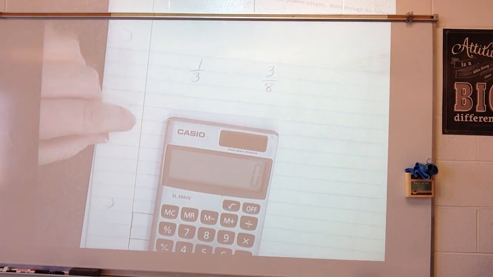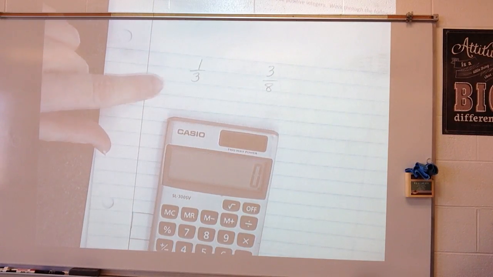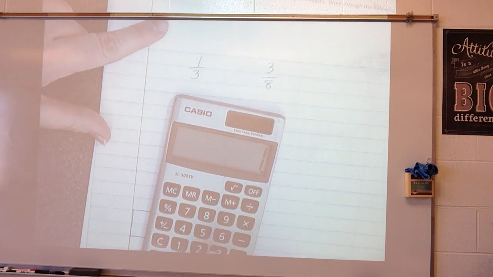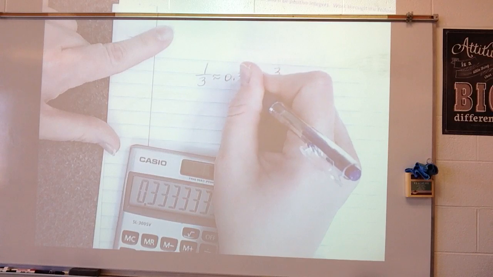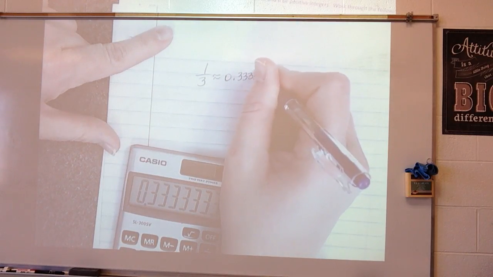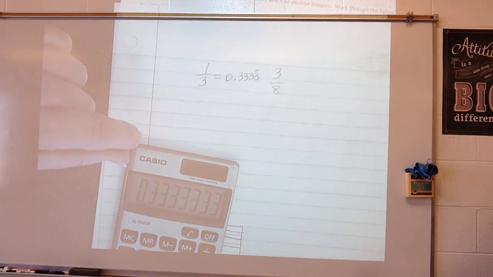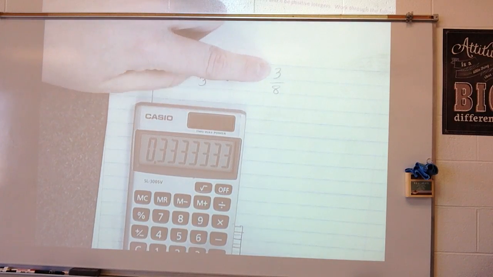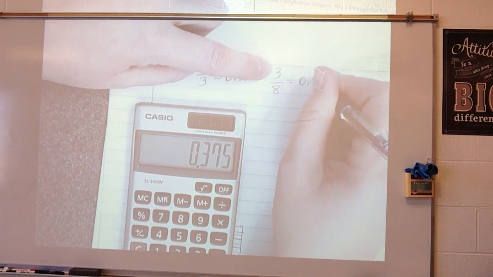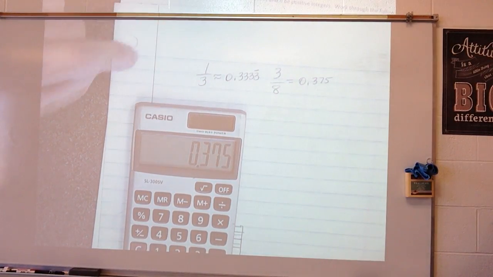So in order to find the decimal for 1/3, I would divide 1 by 3, and that gives me approximately 0.3333, and that 3 actually repeats. Then to find the decimal equivalent of 3/8, divide 3 by 8, and you get 375 thousandths.